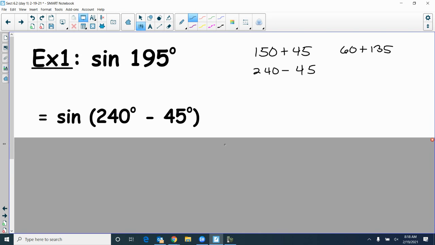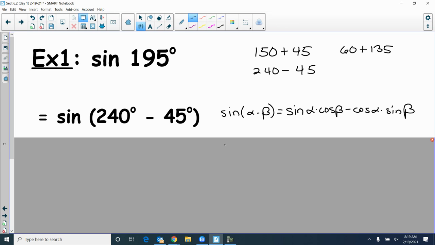All right, on your sheet, what is the sine of alpha minus beta? What is the formula for that? Okay, Maria, read it to me. The sine of alpha minus beta equals sine alpha times cosine beta minus cosine alpha times sine beta.